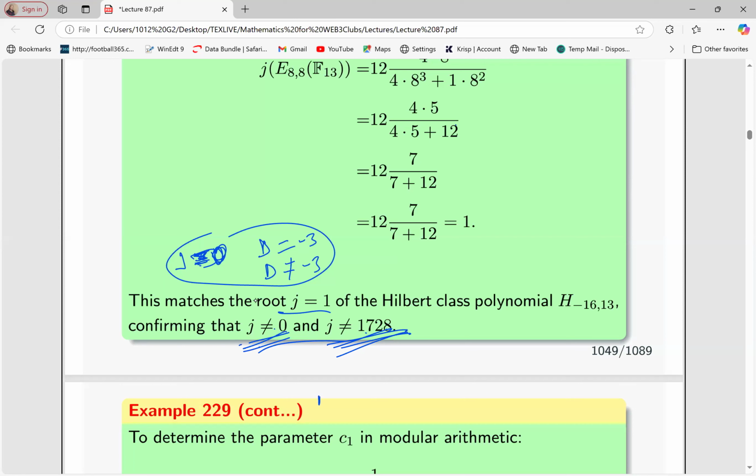1728? The first curve that we saw under that category would be y squared is x cubed plus 3c1 x plus 2c1. And the other one we saw in that category would be y squared is x cubed plus 3c1 c2 squared plus 2c1 c2 cubed.